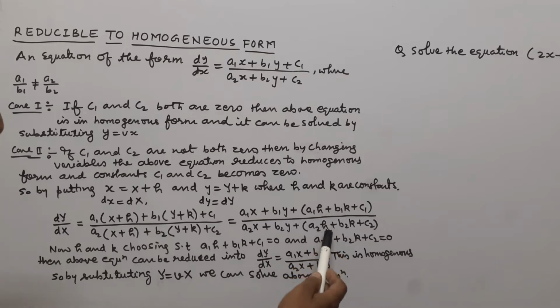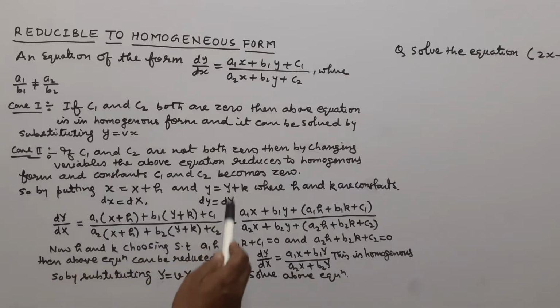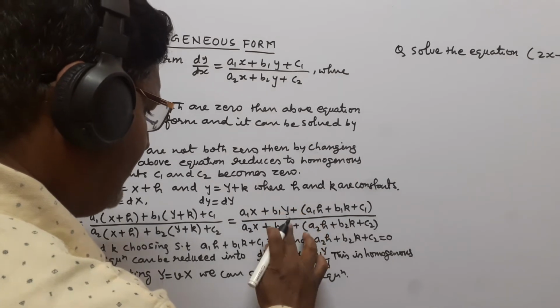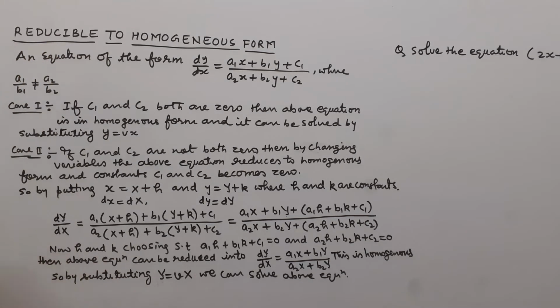When these constant terms become 0, the differential equation dY by dX is equal to (a1X plus b1Y) upon (a2X plus b2Y). So this is homogeneous, and by substituting y equal to vx, we can solve the above equation.